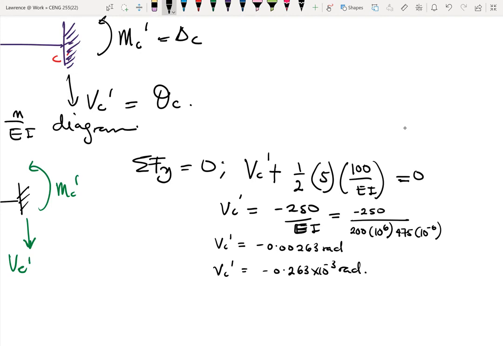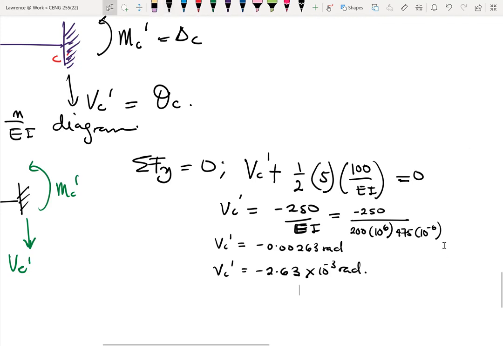It's just a matter of using the engineering form so that it looks nicer. Actually, minus 2.63 times 10 exponent minus 3 radians.